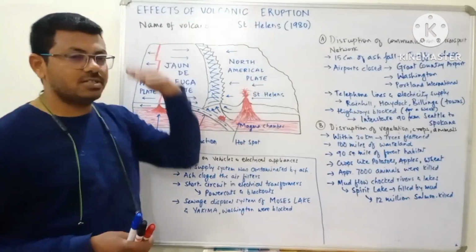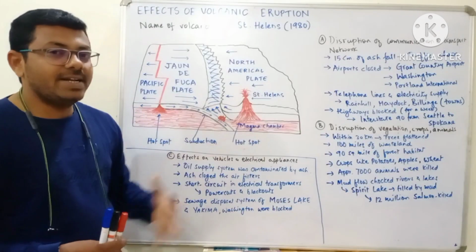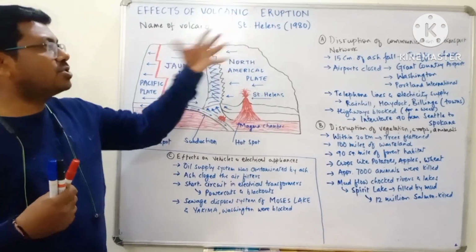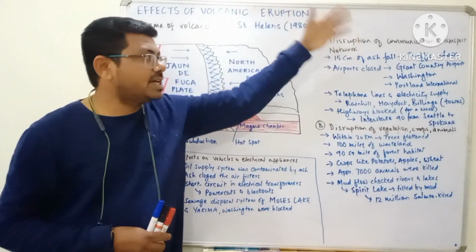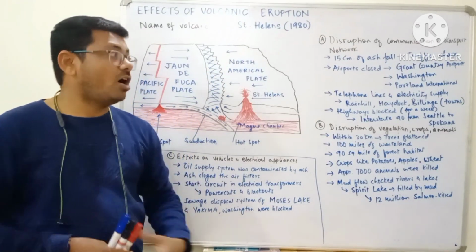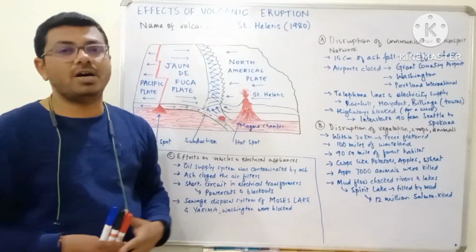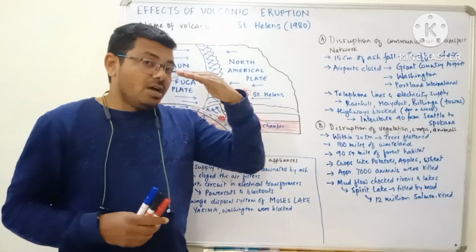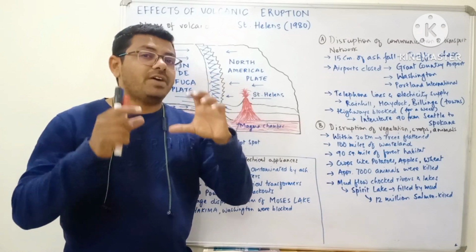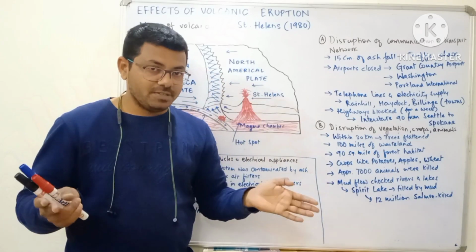So let us look at the first idea. The first idea says that the eruption of Mount St. Helens in 1980 impacted the communication and transport network of the area around Mount St. Helens in North America, because 15 centimeters of ash fell in the region.